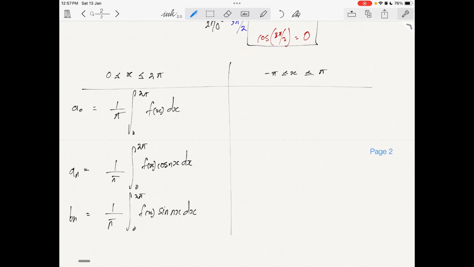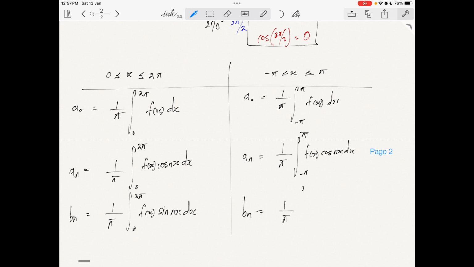So in essence, a naught is 1 over pi integral from minus pi to pi of f of x dx. An is equal to 1 over pi integral of minus pi to pi f of x cos nx dx, and bn is equal to 1 over pi integral of minus pi to pi f of x sine nx dx.